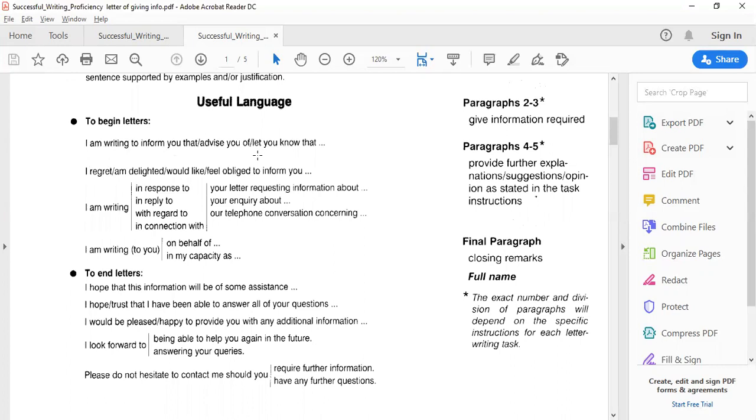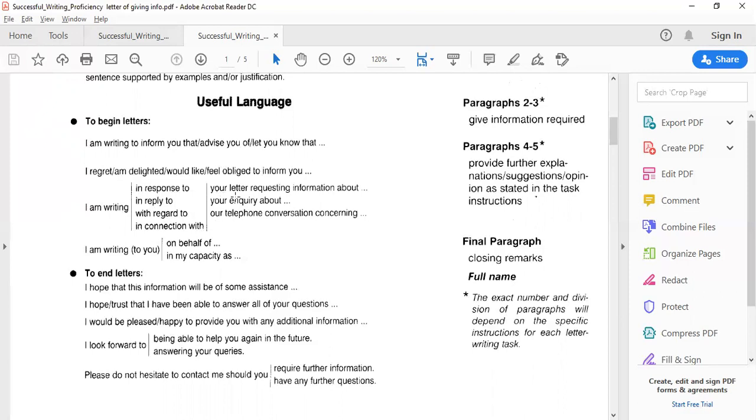I regret, or I am delighted, or I would like to, or I feel obliged to inform you. Based on the context and situation, you can use any of this language. I'm writing in response to, in reply to, with regard to, in connection with your letter, or whatever the scenario is.